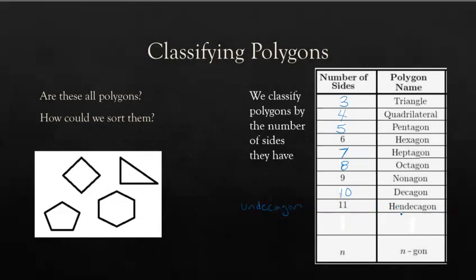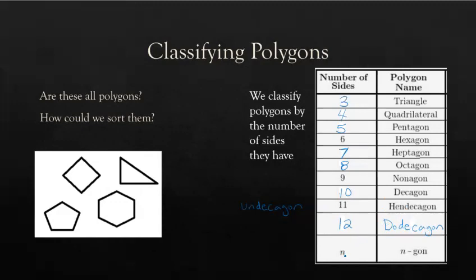But it's also sometimes called a hendecagon. We have a 12-sided figure we call a dodecagon. So again, adding that little prefix before the decagon, decagon meaning 10. So a dodecagon is 12.